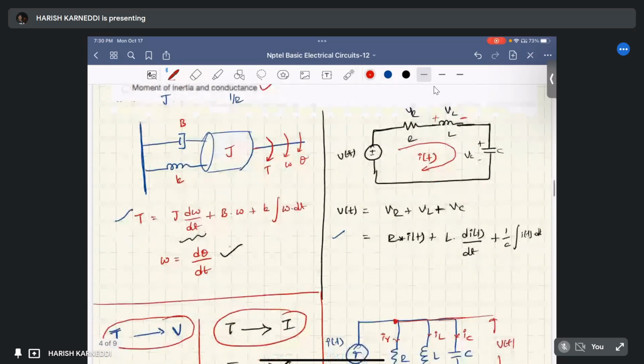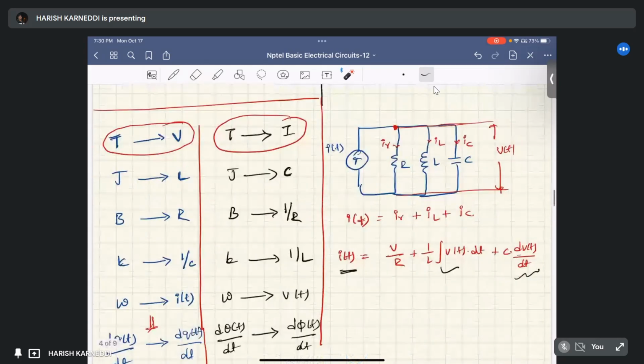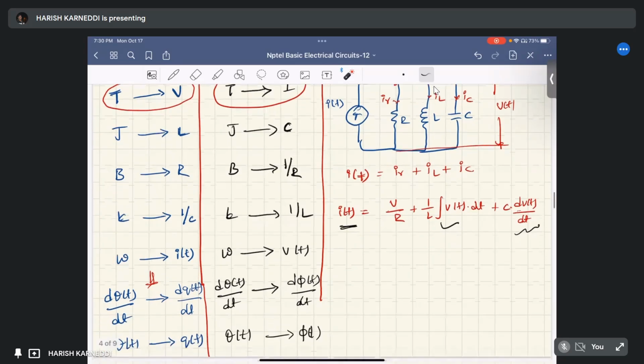For the torque voltage analogy, we represented it with a series RLC network, and from those we represented the equations. Coming to the torque current analogy, we represented the corresponding equations, and we identified the analogous terms in the torque voltage analogy and torque current analogy.